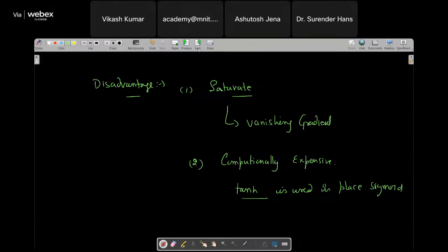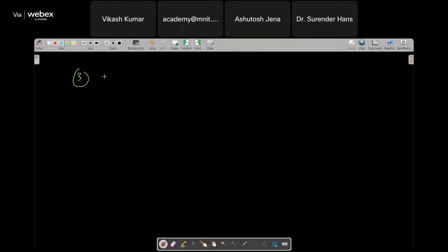Now the third activation function, which is more important, is the ReLU. Nowadays recent models use this ReLU activation. The ReLU activation function representation is like this: f of x is equal to max of 0 comma x.